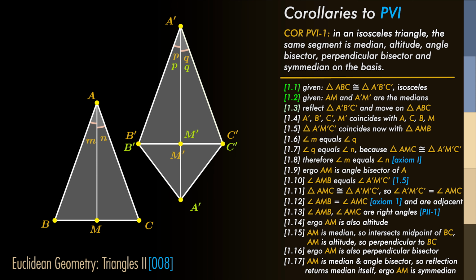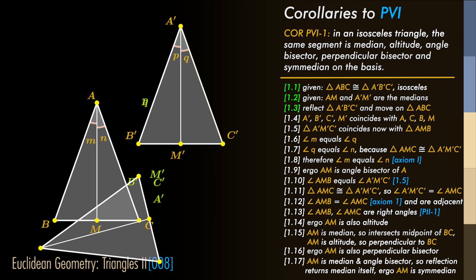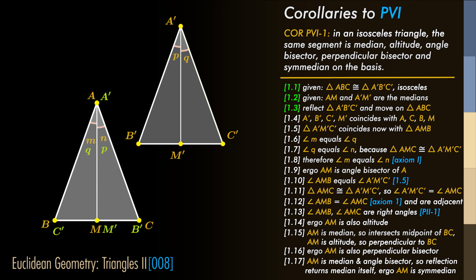Let's reflect A'B'C' and move it onto ABC. A', B', C', and M' will coincide with A, C, B, and M respectively. Firstly, we see that the triangle formed by A', M', C' coincides now with the triangle AMB.